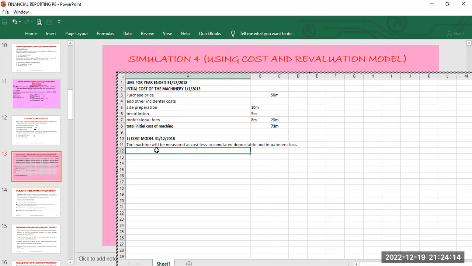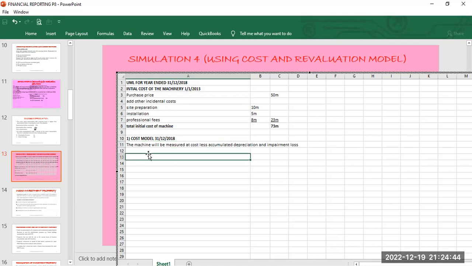So we said it is going to be the cost less accumulated depreciation and accumulated impairment losses. They didn't tell us that the asset was impaired, so our concern is now on the depreciation.